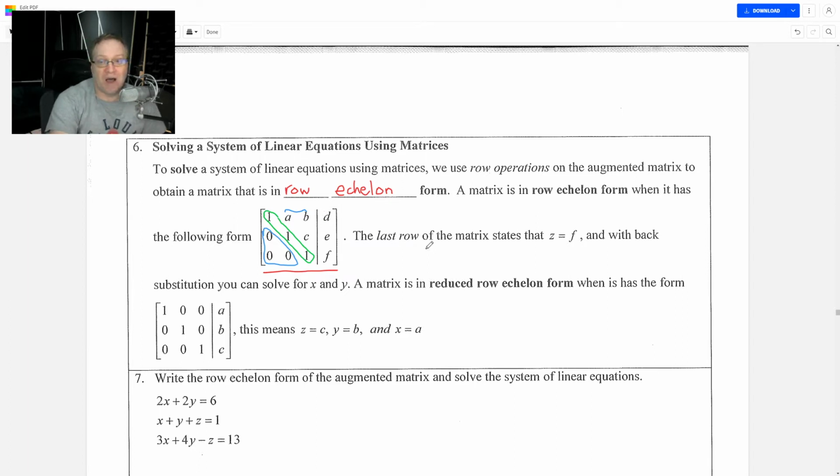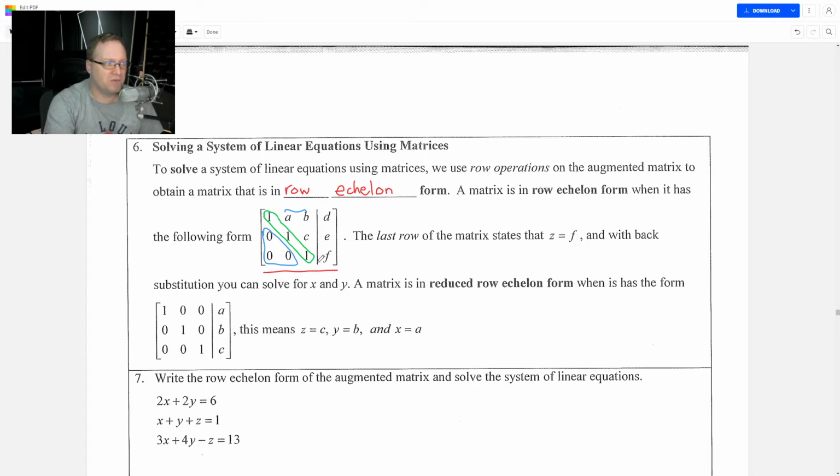Now, why do we want to get our matrices looking like this? The reason is because, remember, if we write this as a system of equations, these are the coefficients. So we have x plus ay plus bz equals d. And then this one, we don't have an x, we just have y plus cz equals e.